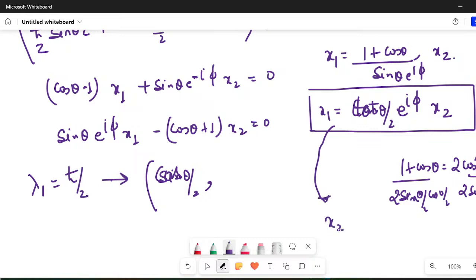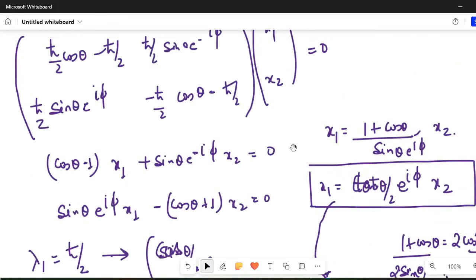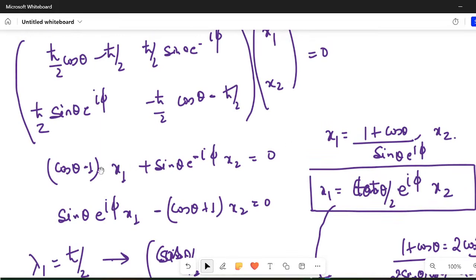See, I'm trying to write my x2 as tan theta by 2. There is some mistake, I don't know what the mistake is. 1 plus cos theta divided by sin theta as e^(iφ), so this will become e^(-iφ) here.